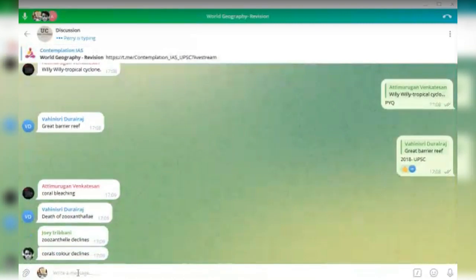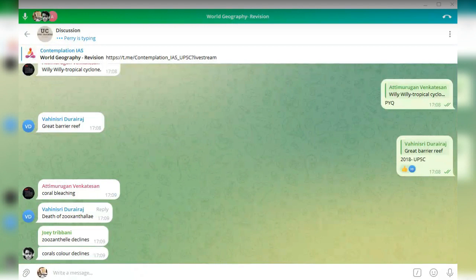Coral color declines, also called paling. Okay, coral paling, or paling of the colors. So that's important, and Australia is a place where there are most of the reefs, coral reefs. And coral reef is very much important.